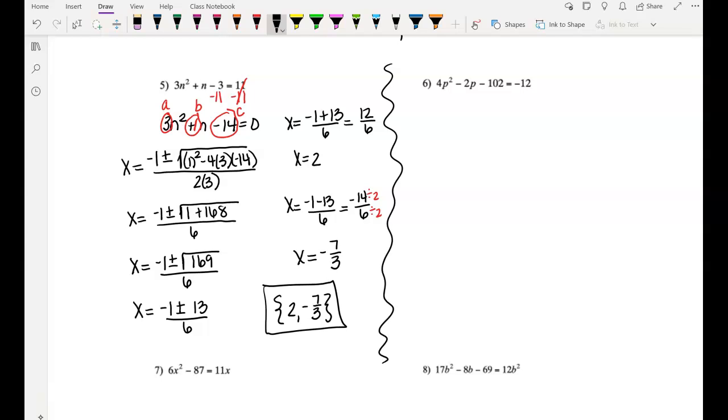Number 6, 4p squared minus 2p minus 102 equals negative 12. So I need one side equal to 0. Since that's a minus 12, I'm going to add 12 to both sides. So I have 4p squared minus 2p minus 90 equals 0.